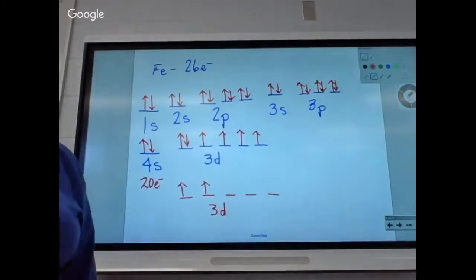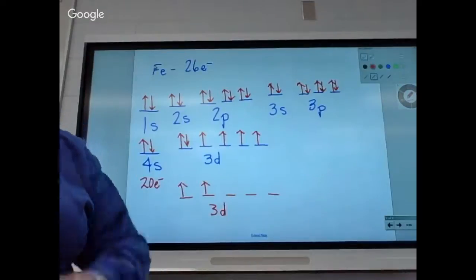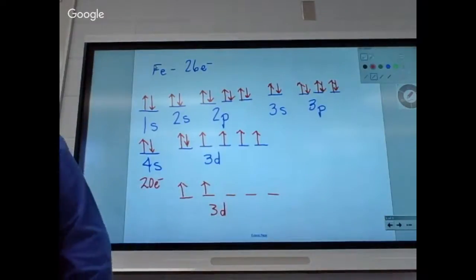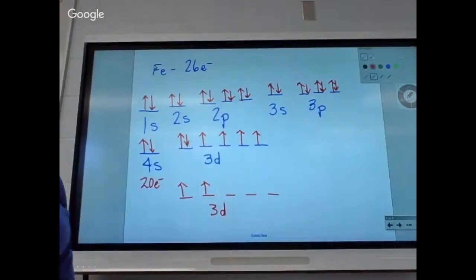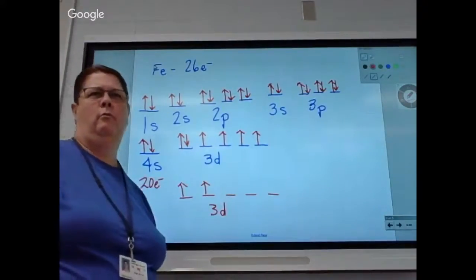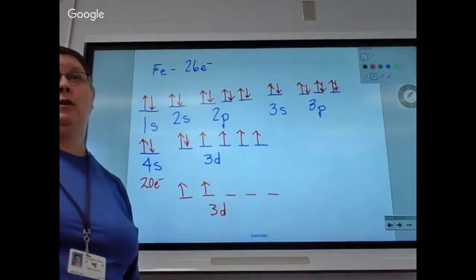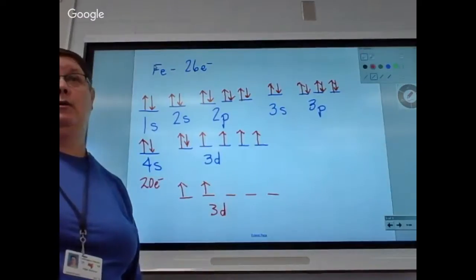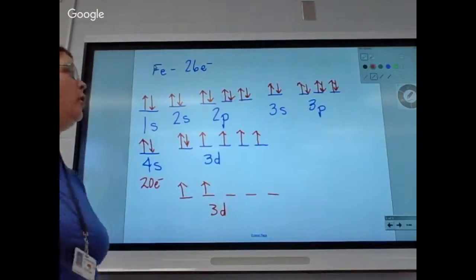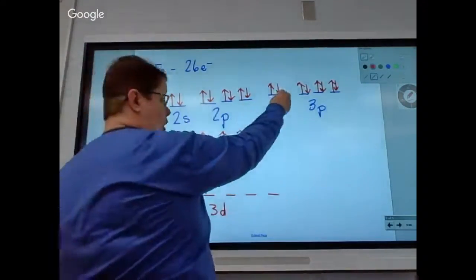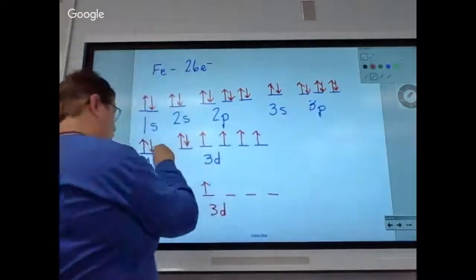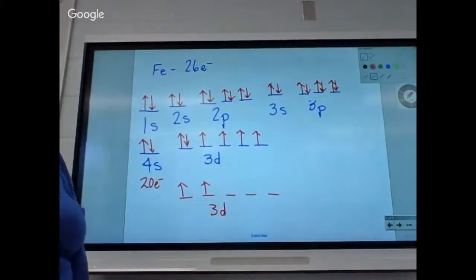Okay, so question. When we get to the ones that have the option, the way you did it was you did the 2P singles first, and then you went back and doubled them. Is that how you're supposed to do it, or can you do the 2P single and then go into the 3D? No, you want to double them before you go there. Why?